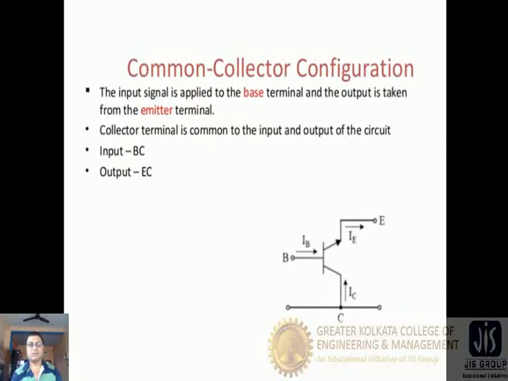First, it is the common collector, where the collector terminal is common for both the input and output. So the input signal is applied to the base terminal and the output is taken from the emitter terminal. Collector terminal is common to the input and output of the circuit. So here in the common collector configuration, input is BC, that means base to collector, and output is EC, that means emitter to collector.